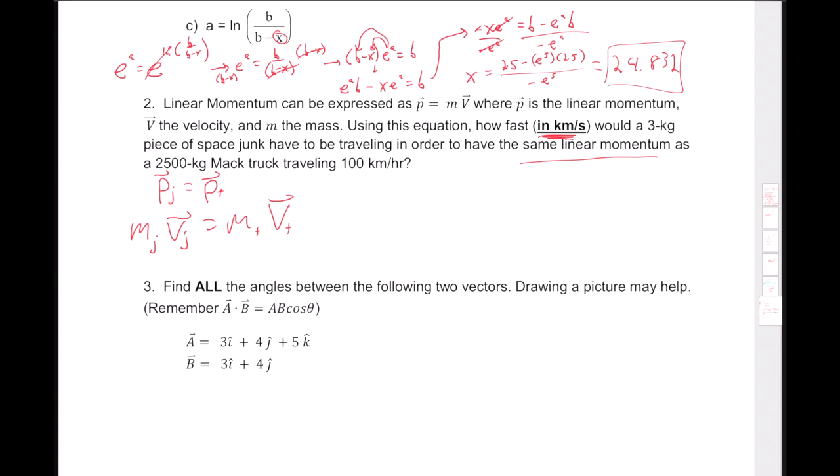What I really want to know is velocity of the junk. That's what they're asking us for. How fast does the junk have to go? So what if I divide both sides by mass of the junk? That would probably give us what we want.